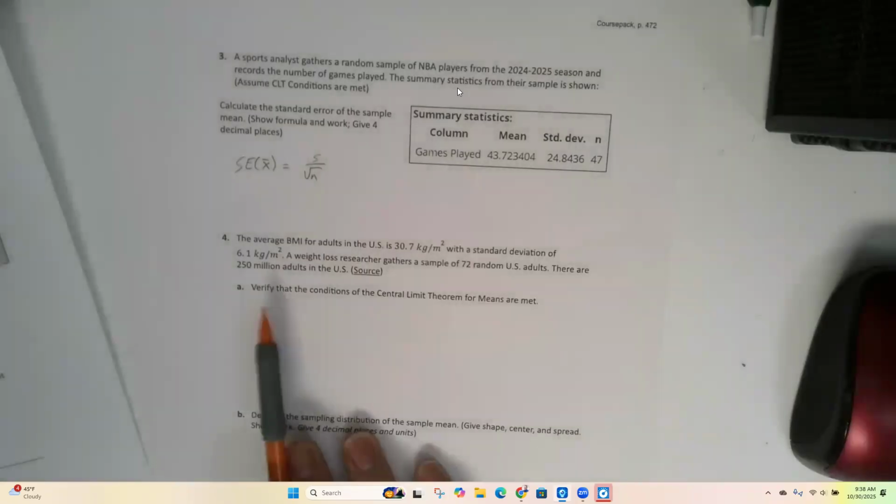Question 4. The average BMI for adults is this, the standard deviation is this. A weight loss researcher gathers a sample of 72 random adults, out of 250 million in the US. Verify the conditions of the central limit theorem for means are met.